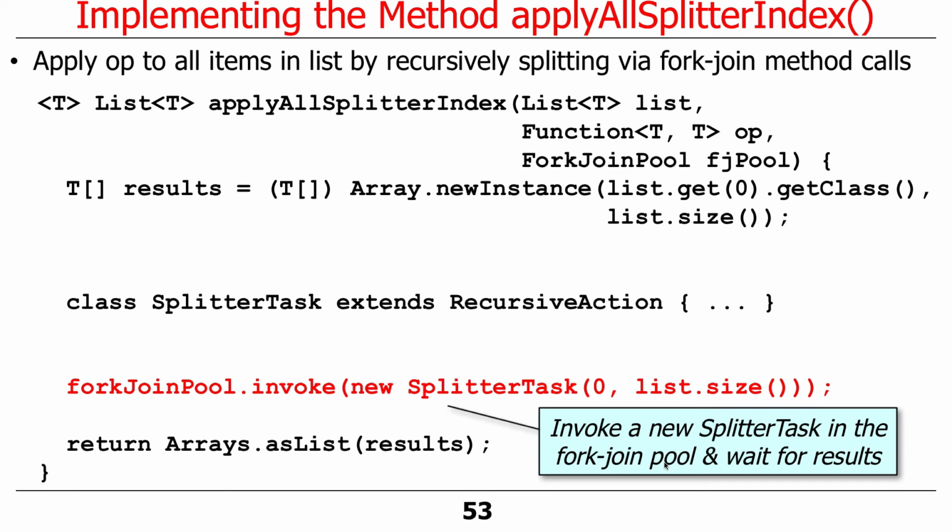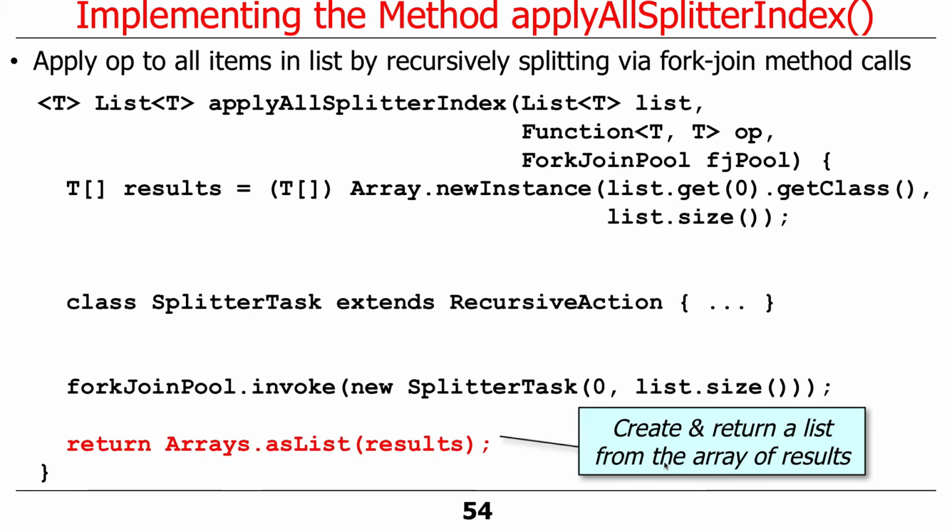So it's going to kind of push, if you will, 0 to the end as the first item that we're going to work on. And then after this recursive call chain finishes, which we'll look at in a second, the last thing we're going to do is take the results. Notice this is an array of results. We're going to convert it back to a list, because that's what's expected to be returned here.